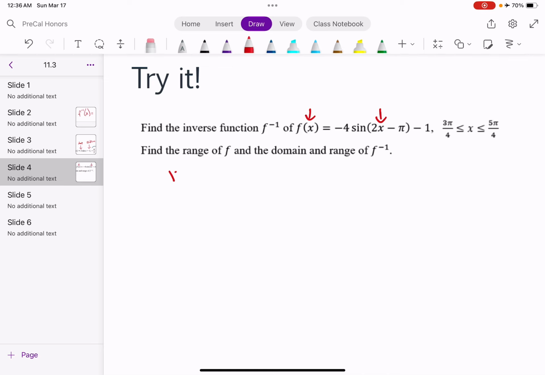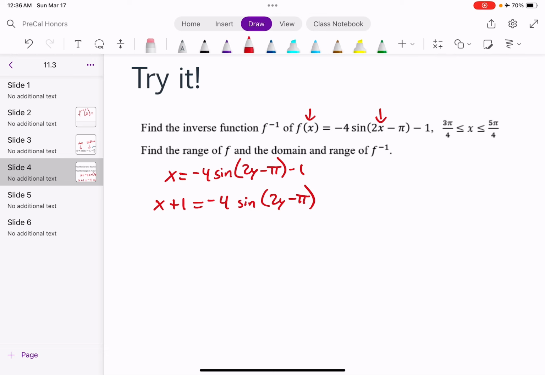So in this case, x is equal to negative 4 sine of 2y minus pi, minus 1. First thing we're going to do is add 1 to both sides. x plus 1 is equal to negative 4 sine of 2y minus pi.